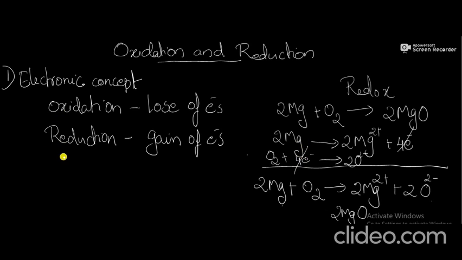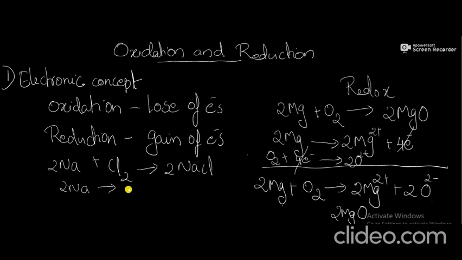Then consider another redox reaction: 2 moles of sodium Na plus chlorine gives 2 moles of NaCl. This reaction can be split into two half reactions. First, consider the case of sodium. 2 moles of sodium are converted into 2 moles of Na+ by liberating 2 electrons.